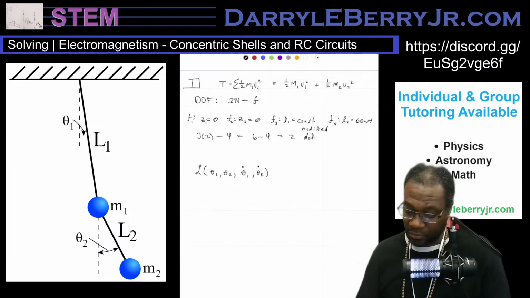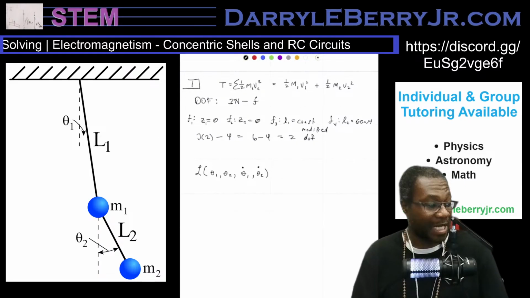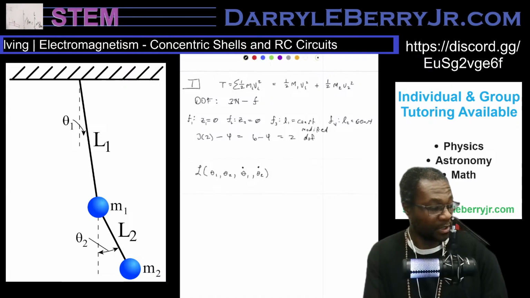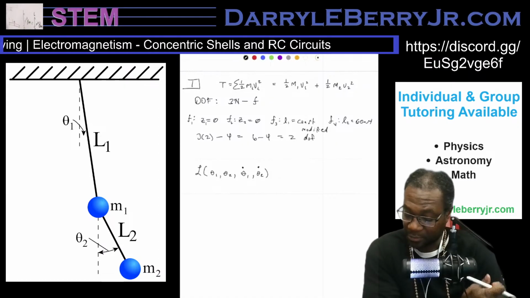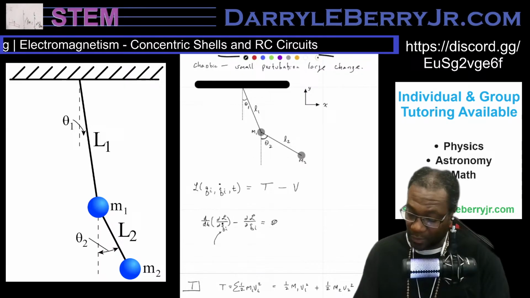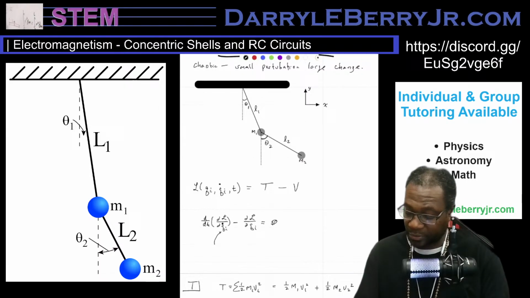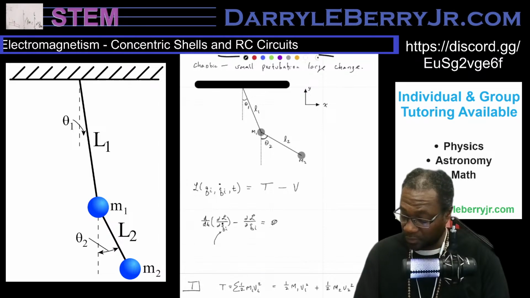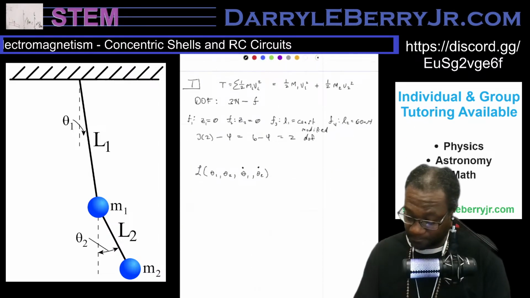Those would be the generalized coordinates that I'll be able to utilize for the Lagrangian. So all we have to do now is take the x and y coordinates that we have here and put those in terms of theta 1 and theta 2. And you can use that with trigonometric functions.